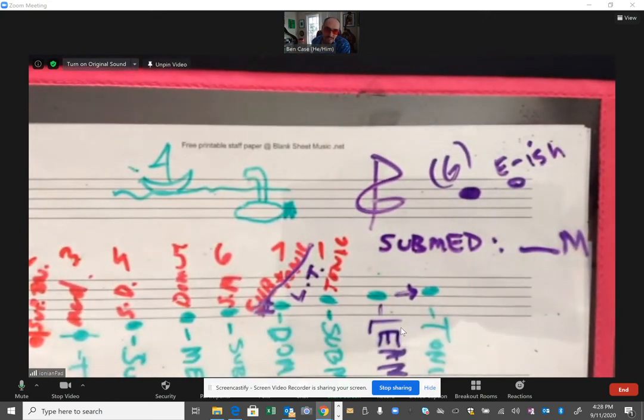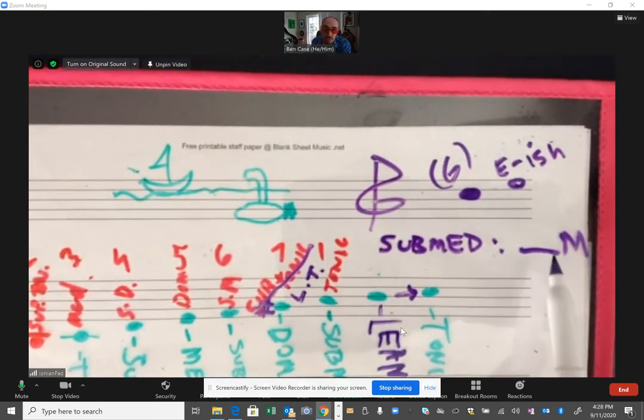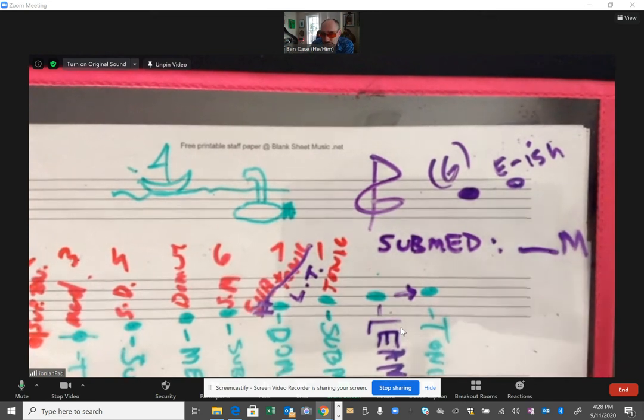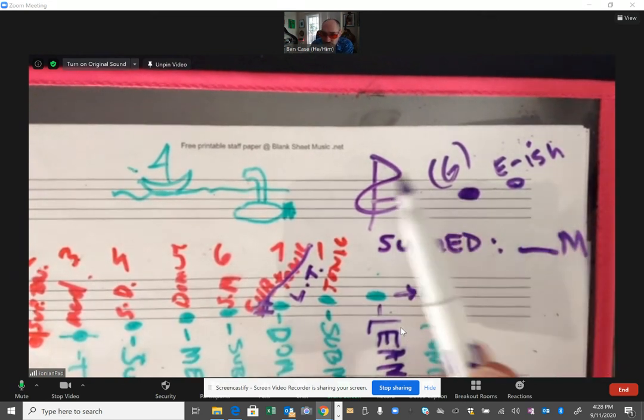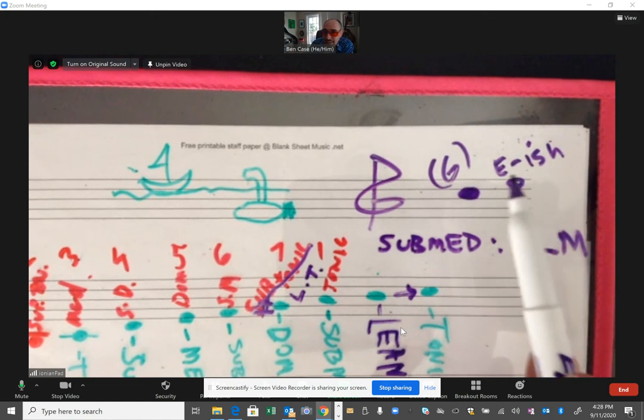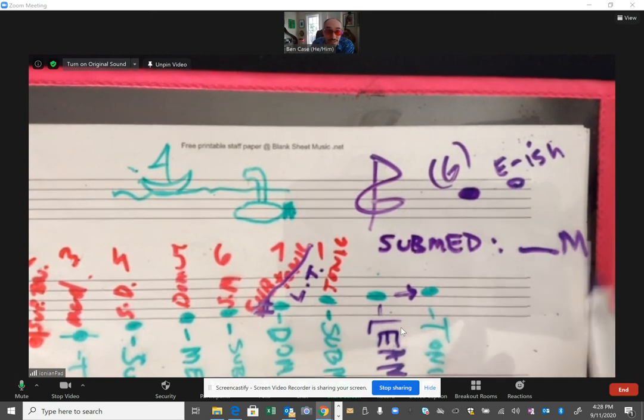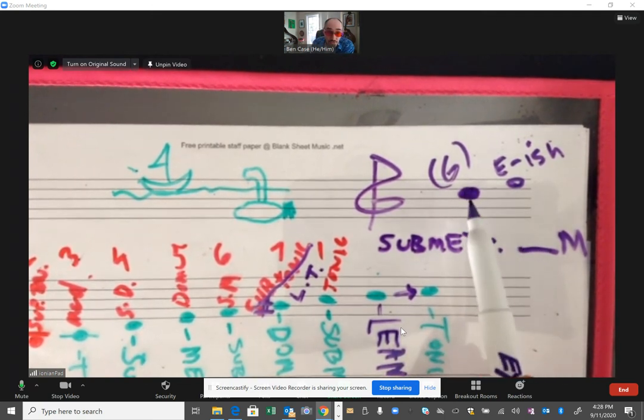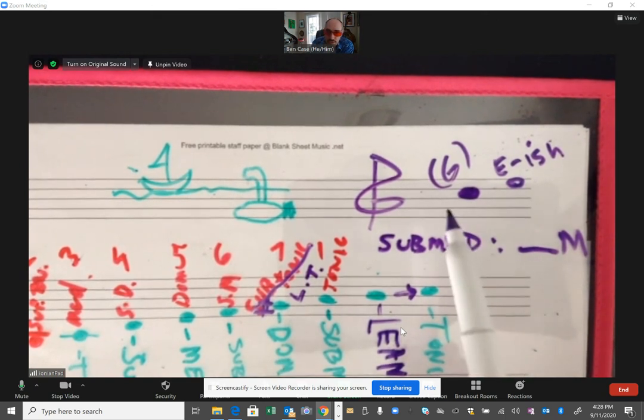That's E-ish. Because remember, with all this, you're looking for the tonic. So I'm curious, is C natural in the key of E major? No, it's not. What is in the key of E major? C sharp. So that's a C sharp in your key signature.